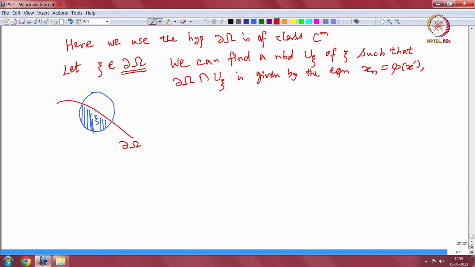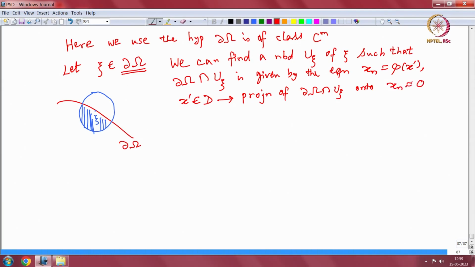So x prime is again in some D. So this is the projection of del omega intersection Uj onto xn equal to 0.